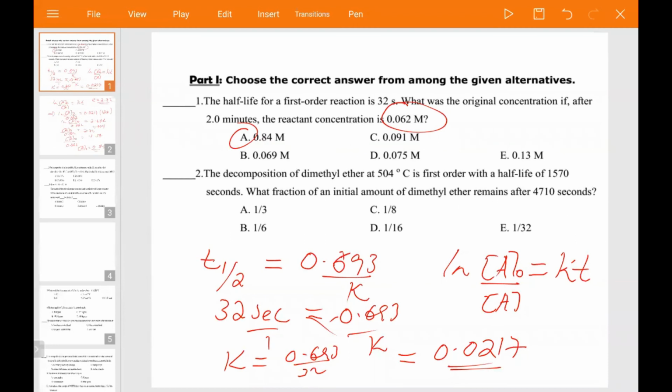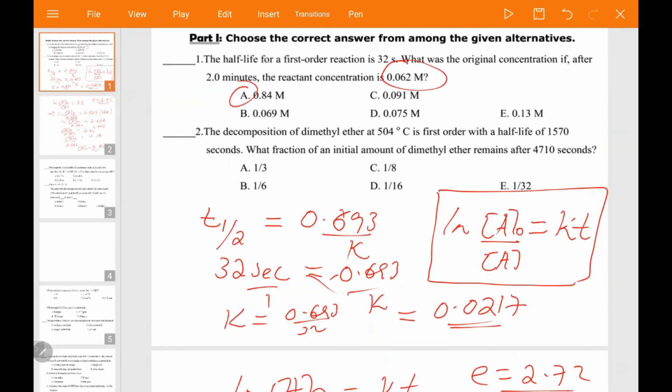From the half life we get k, right? Half life is 0.693 over k, and k comes out to 0.0217. Here the integrated equation for first order is ln a naught over a is equal to kt.